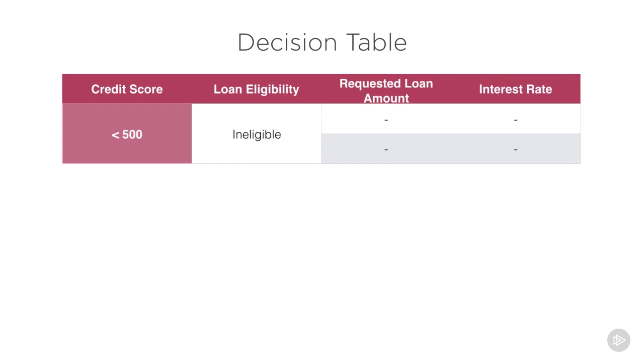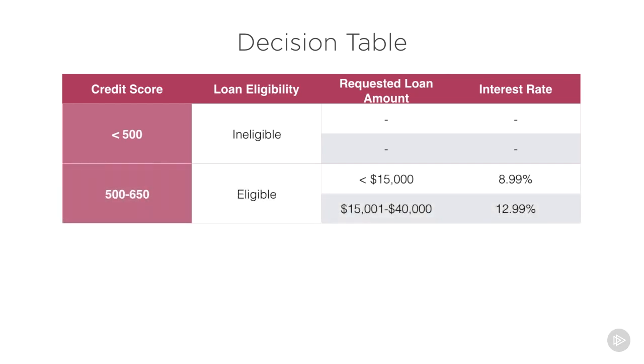For those between 500 and 650 for a credit score, we might be able to provide them instead with an instant approval message. For those loan amounts that are underneath $15,000, we might propagate a rate of 8.99%. For those between $15,001 and $40,000, we may instead offer an interest rate of 12.99%, given the higher risk involved in this higher value loan.